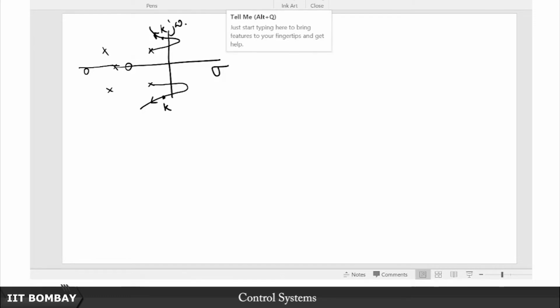Now unfortunately this does not appear as intuitive or as transparent as, say for instance, this root locus picture here, right. So what I am trying to say is that there seems to be something missing in our understanding if we only look at the Bode plot.